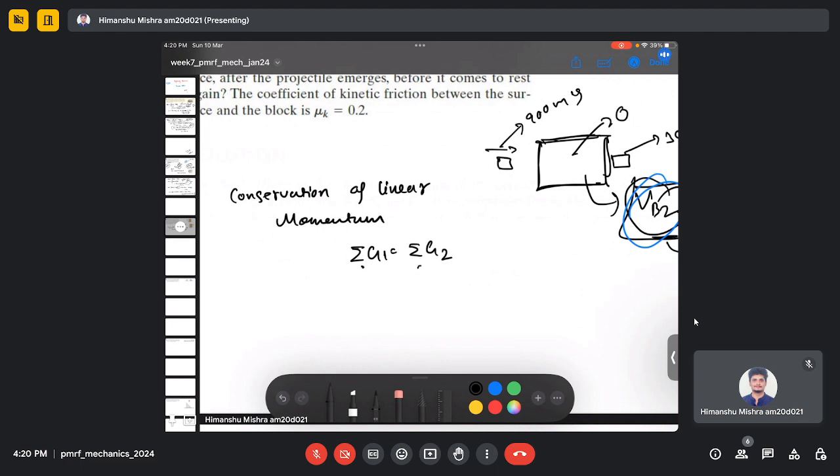And this summation represents the different number of particles.